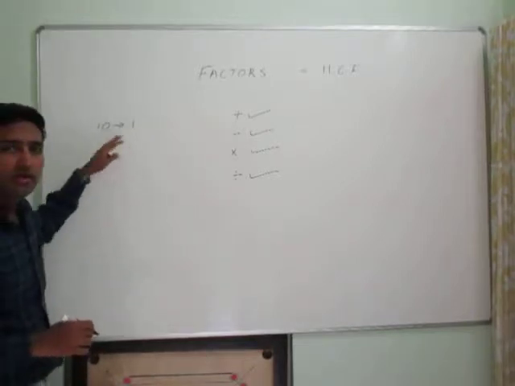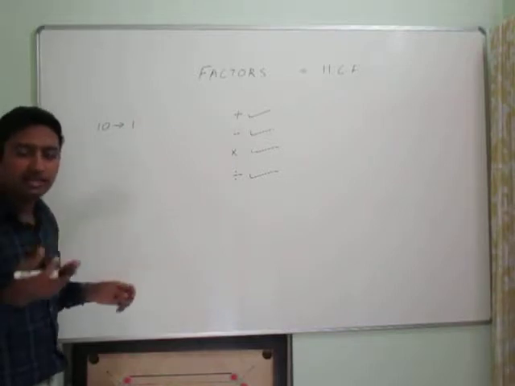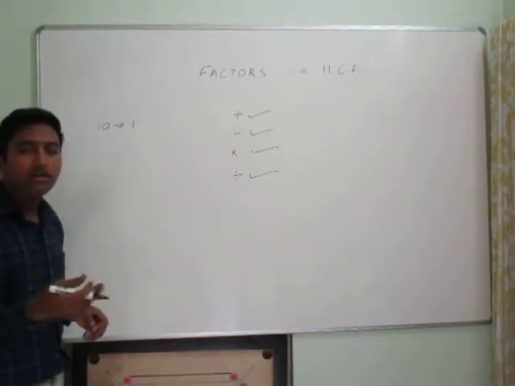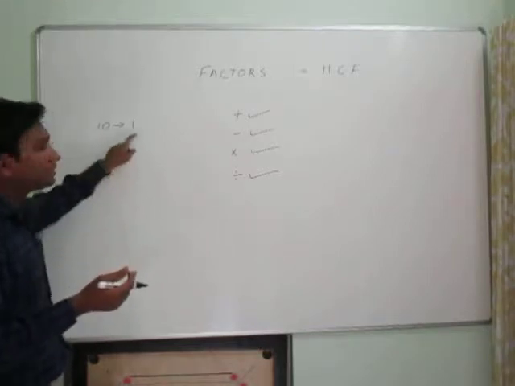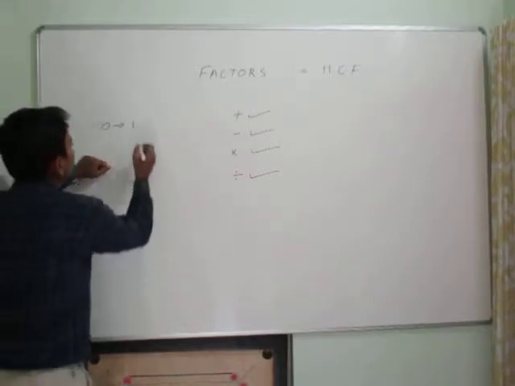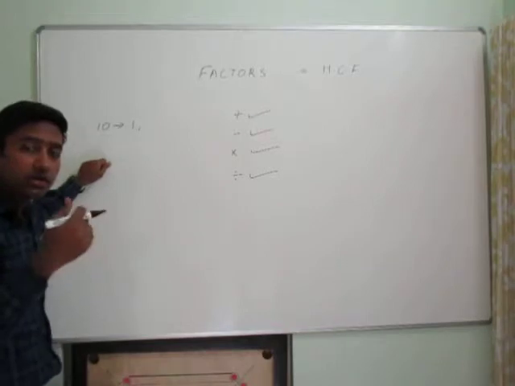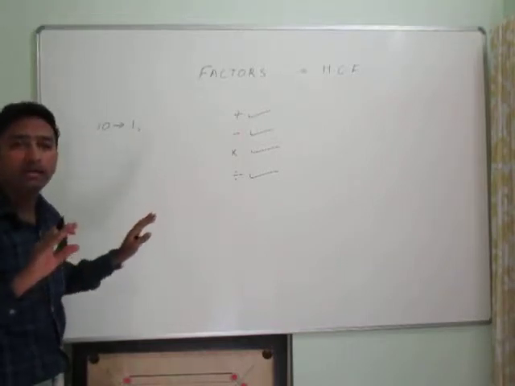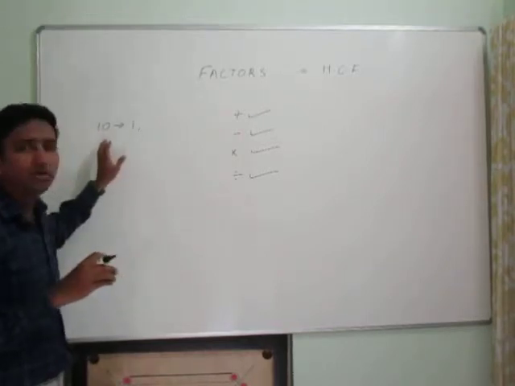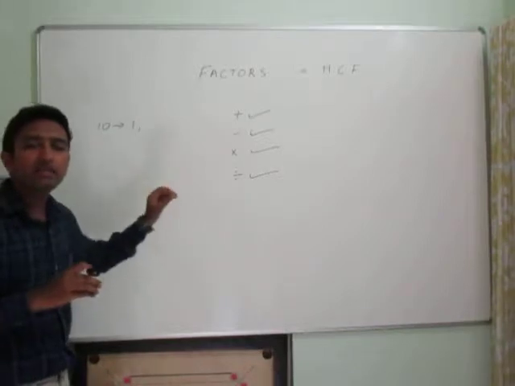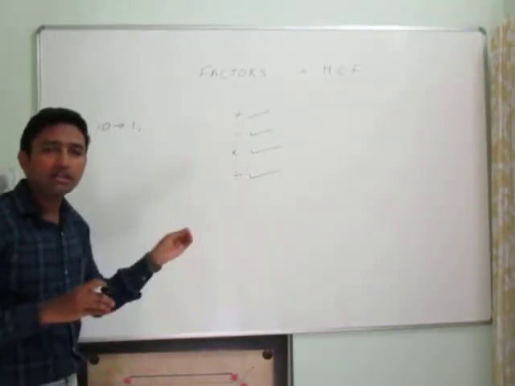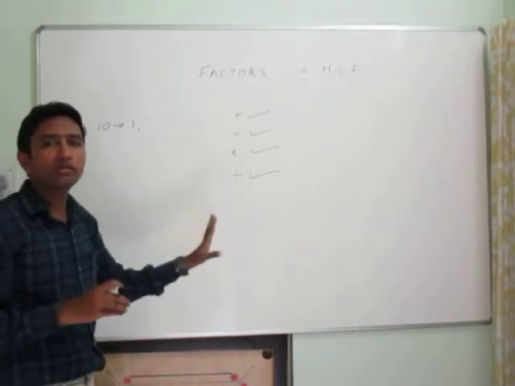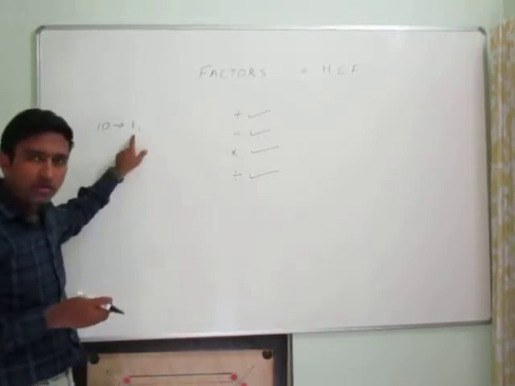Yes, it is divisible by 1 because 1 tens are 10, or 10 divided by 1 gives me 10. So 10 is divisible by 1, so therefore I'll write 1. Remember, what's my question again? I am not asking what are the factors of 10. Just I want to know 10 is divisible by what all numbers? That's the question. 10 is divisible by what numbers?